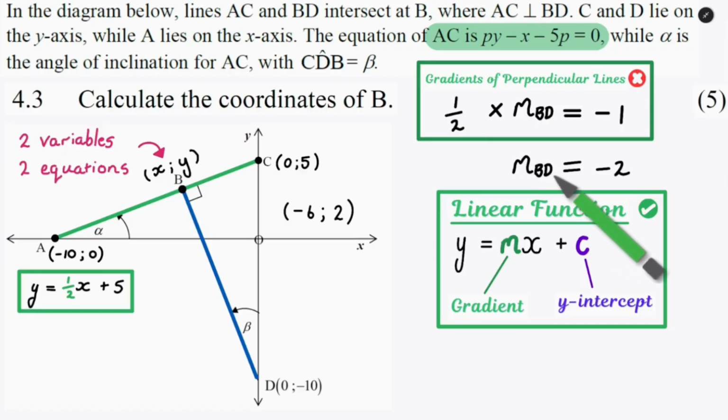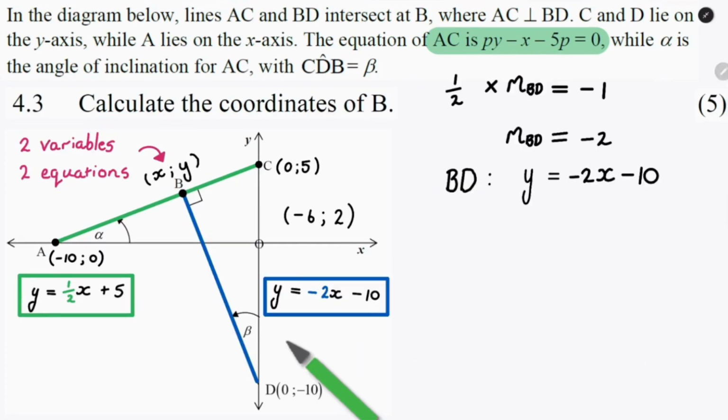Okay, we're going to take that gradient and put it straight into y equals mx plus c. And now I'm going to start hunting for that y-intercept. Do I have the y-intercept of the blue line? Yes, minus 10. So we can replace c with minus 10. And now we officially have the equation of the blue line.